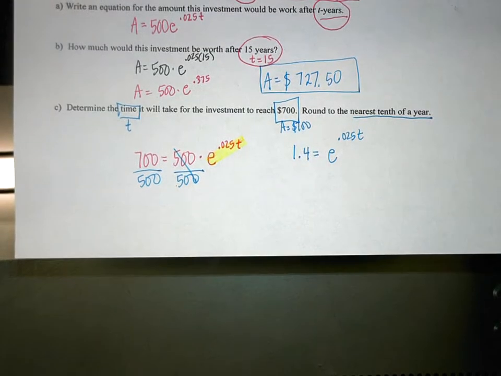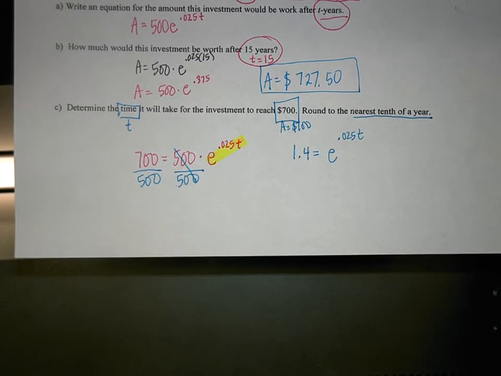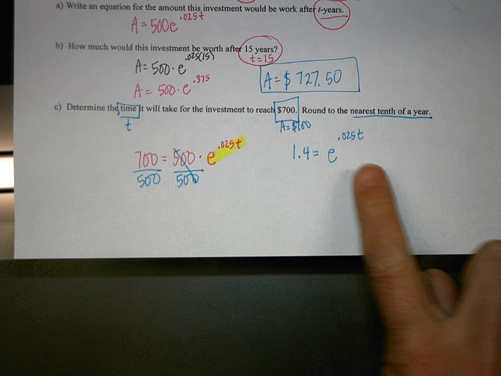Who knows what to do at this point? We want to get t by itself. Okay, we're solving for t. And the only way to do that is by introducing logs. We have already been solving problems like this.